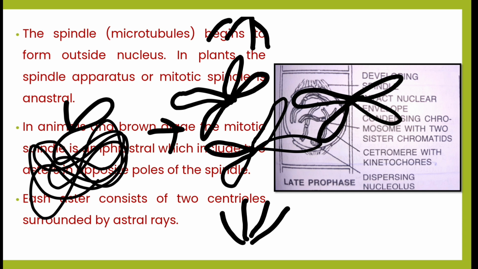So animal cells are known as amphiastral. But plant cells lack centrioles, so astral rays do not form. Only spindle fibers form in plant cells, and each spindle fiber is called a microtubule, which consists of tubulin proteins.